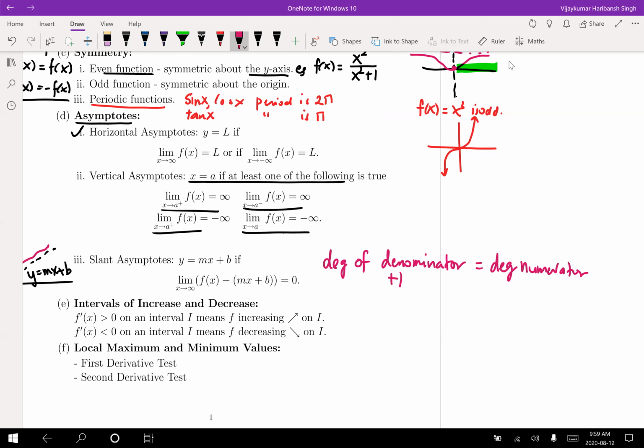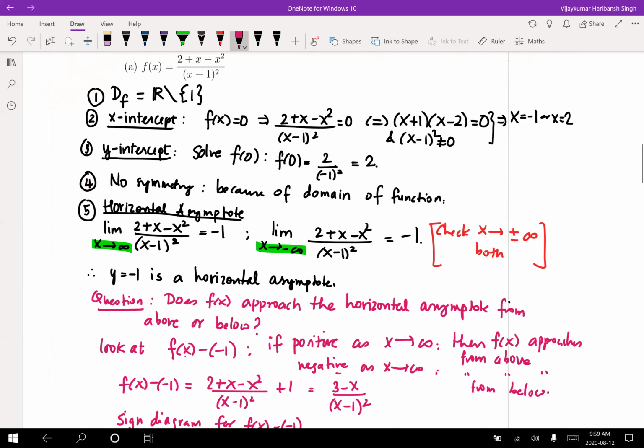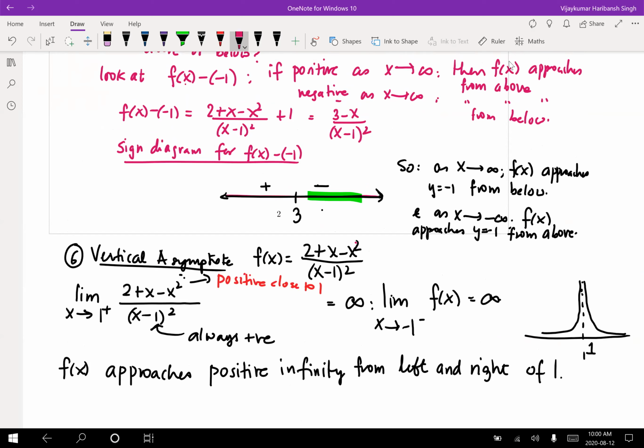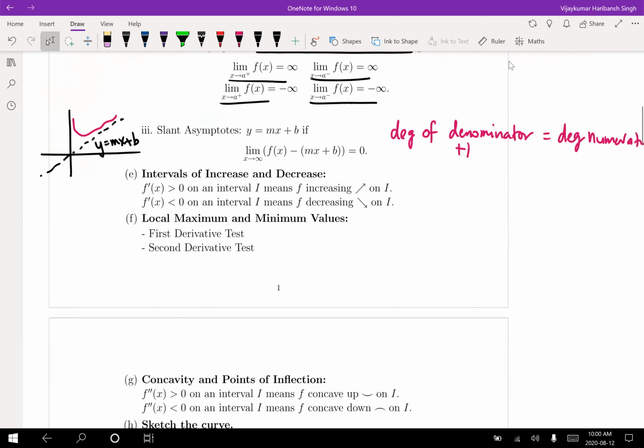So when you do the long division, you have a linear factor out. We'll come to this in a moment. In this case, the degrees of numerator and denominator are the same. So no slant asymptote, right? The degree of the numerator is 2, the degree of the denominator is also 2. So no slant asymptotes here.